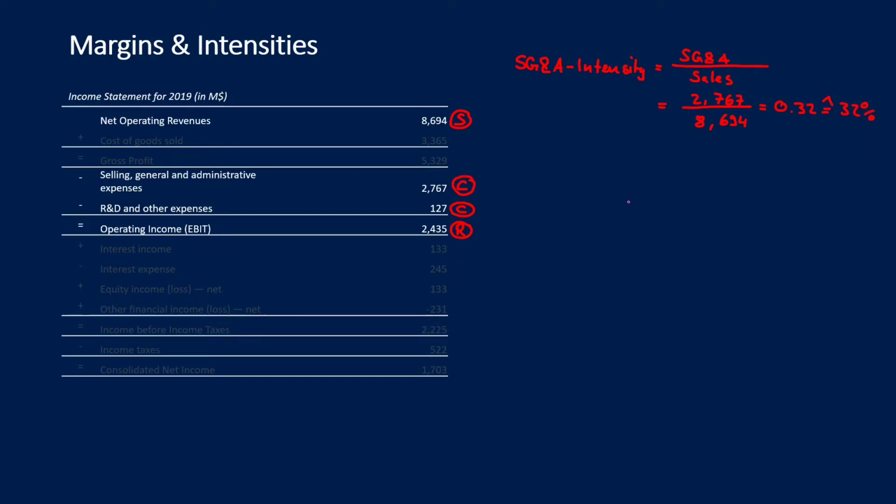So this company, out of €1 or $1 of sales, puts 32 cents into selling or general and administrative expenses. Of course, this ratio is an indicator for the overhead of the company.